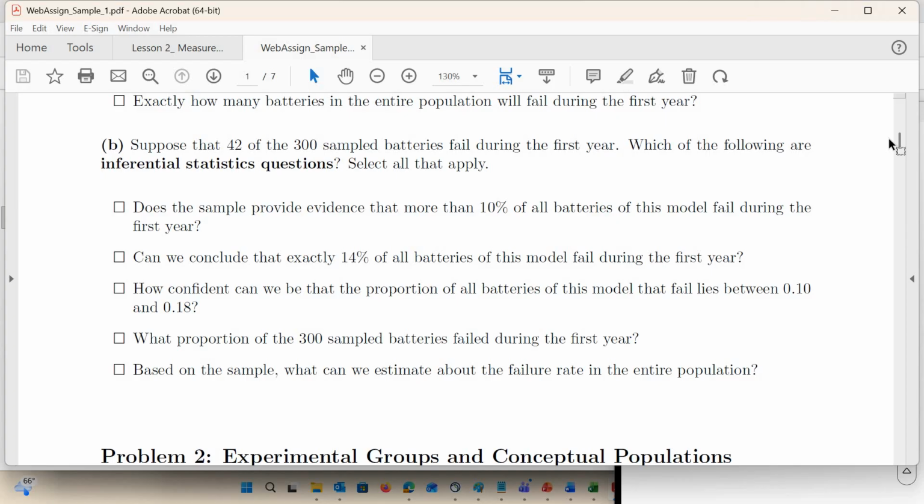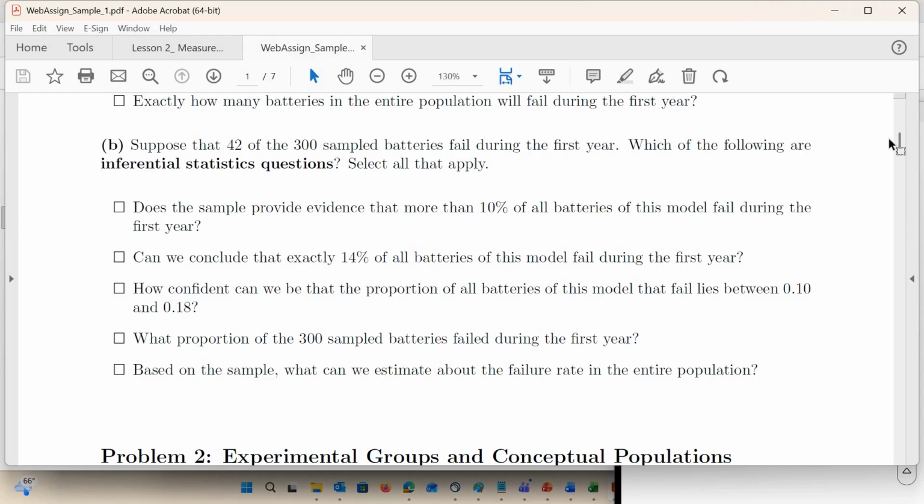How about number 2, the second checkbox? Why is that not one? If we estimate the population proportion rather than claim it must be equal to the sample proportion. That's the reason. Can we conclude exactly 14% of all batteries? Well, we can't do that with the sample.